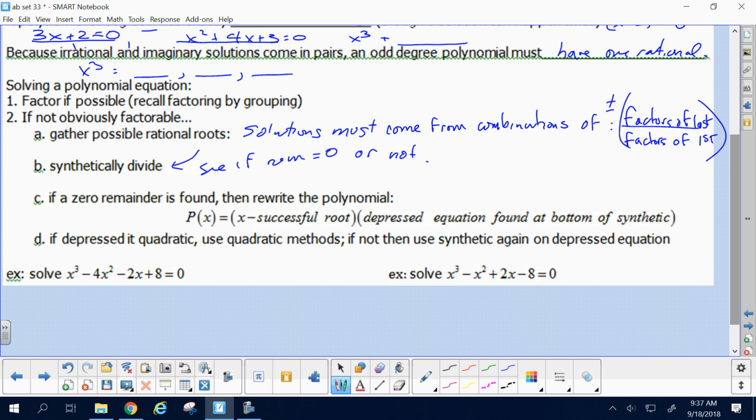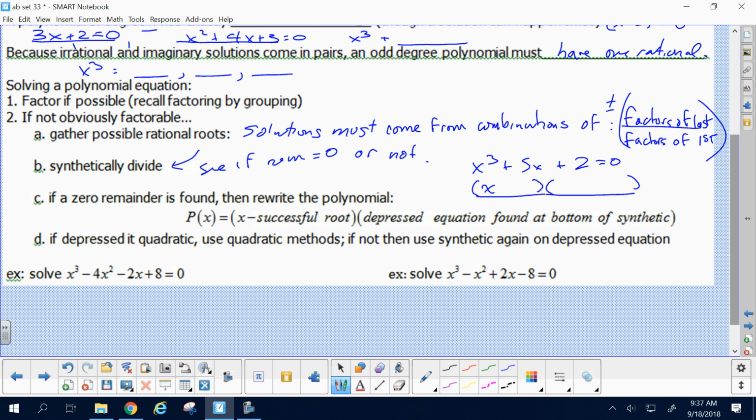After you find a success, if a 0 remainder is found, then that means that you just divided something out. And if you were solving a cubic, if you found a solution that worked, then you could say, all right, I found one solution that works.